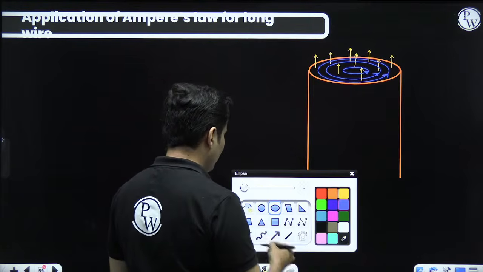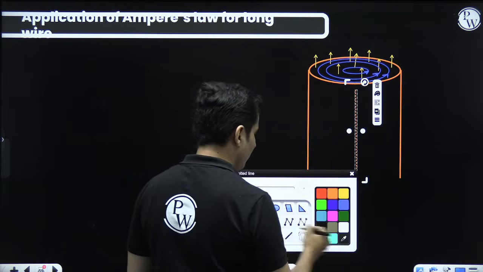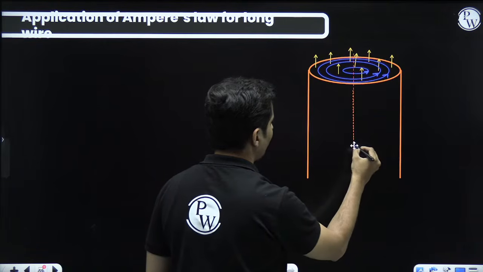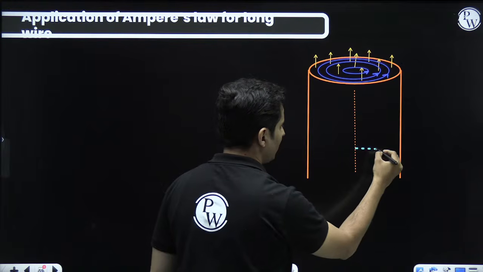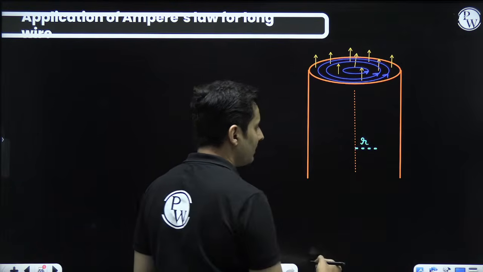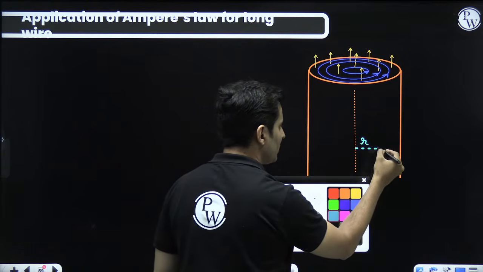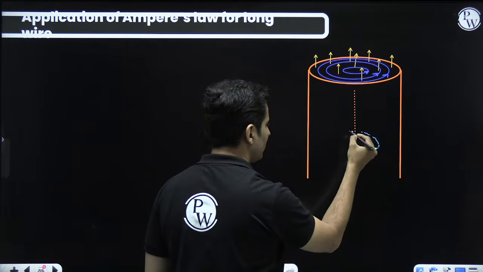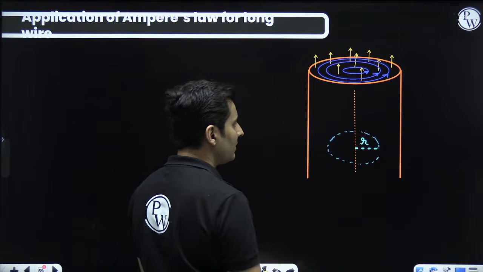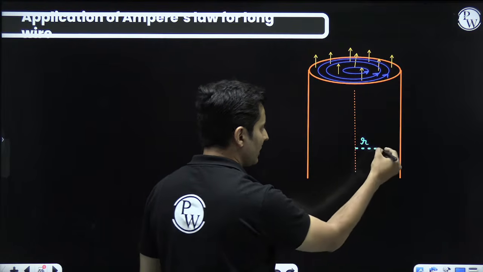So if I take a line and from that line a certain distance where I want to find how much the magnetic field is, what I will do is choose a circular path, something like this. Try to visualize, guys. It's just within the cross section.